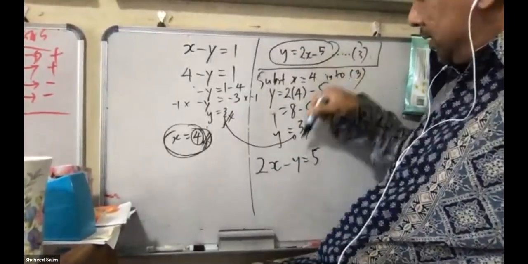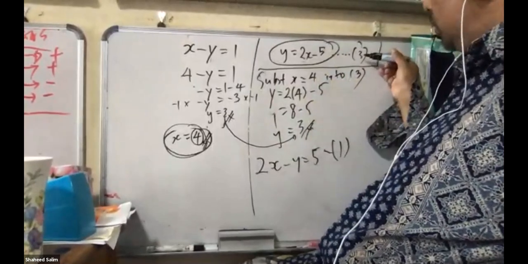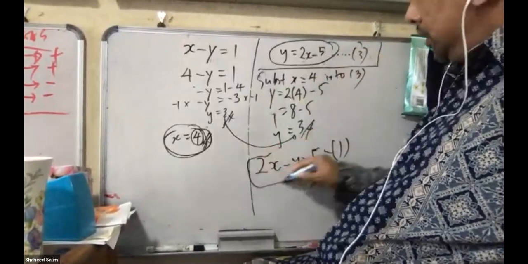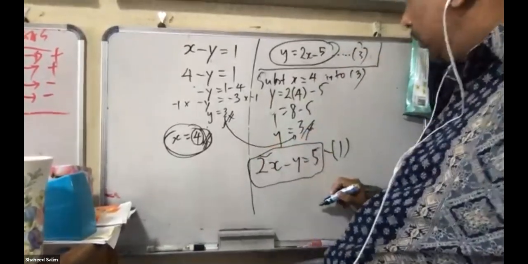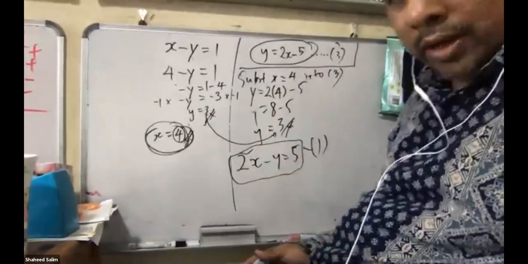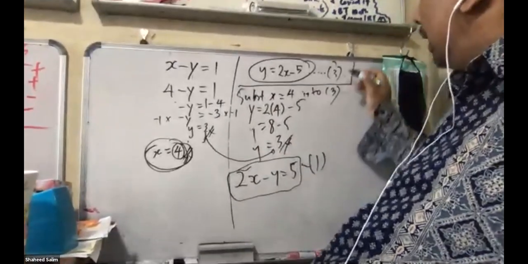You cannot substitute equation 3 into equation 1 because these are the same. If you try to substitute, you'll get 0 equals to 0, something like that. You must substitute this into the different equation.